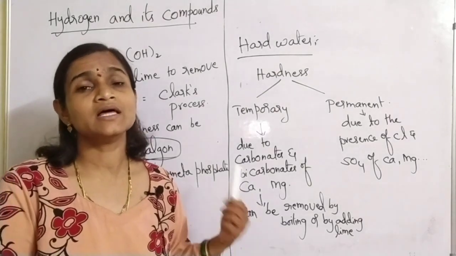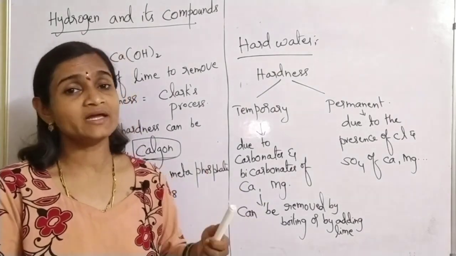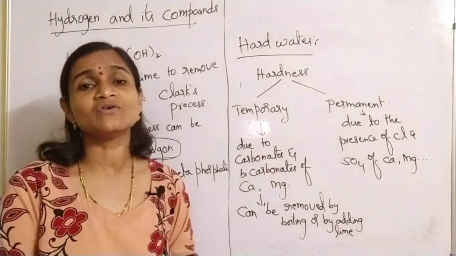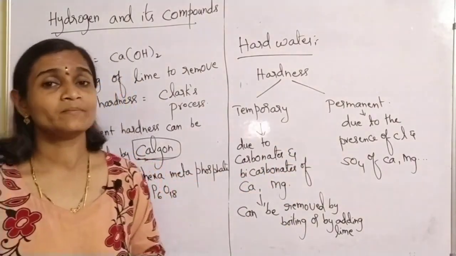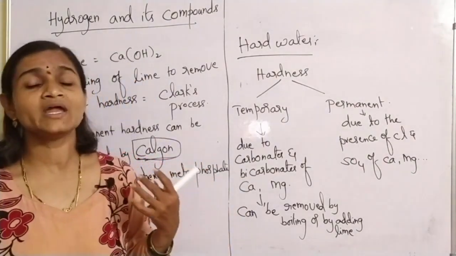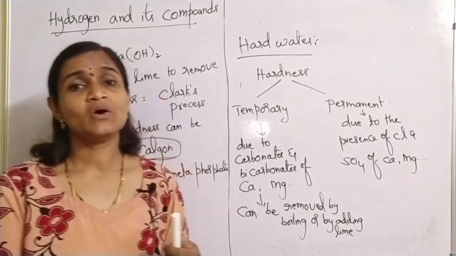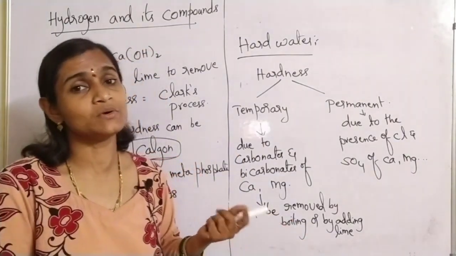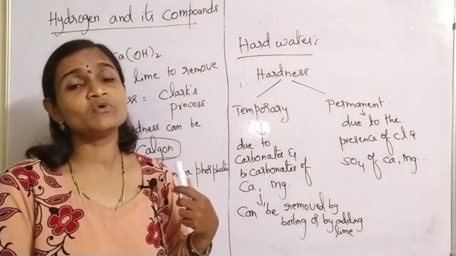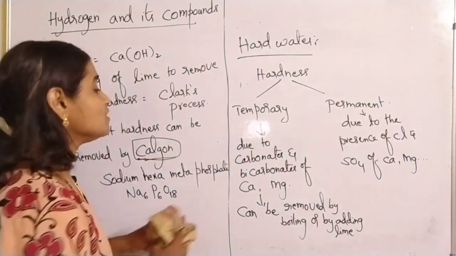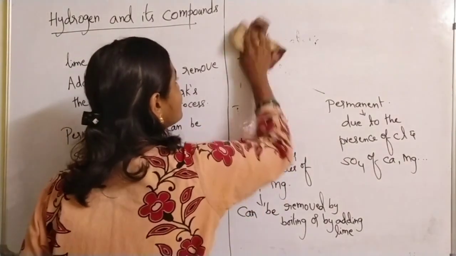Calgon is nothing but sodium hexametaphosphate. By adding that, the permanent hardness of the water can be removed. Even by adding sodium carbonate or sodium bicarbonate, permanent hardness of water can be removed. That is also a very important point to remember.